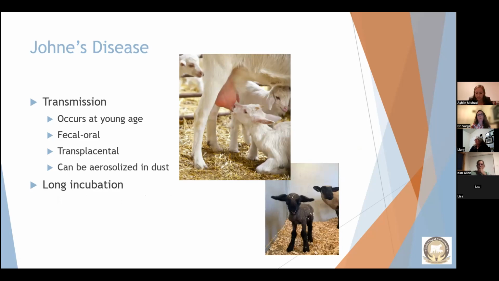The time periods when it can occur are parturition, weaning, commingling of new animals, or their first lactation. And the dose of the bacteria does determine the progression and severity of clinical signs, or the time to clinical signs.